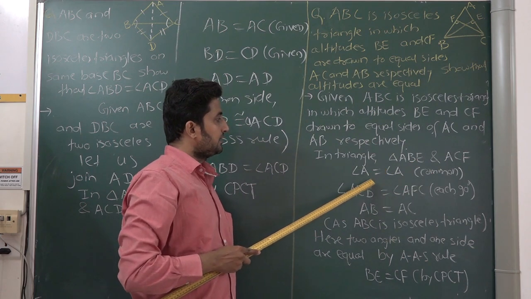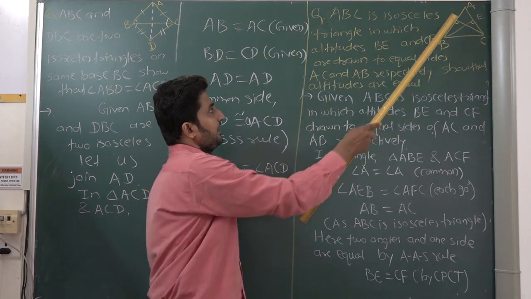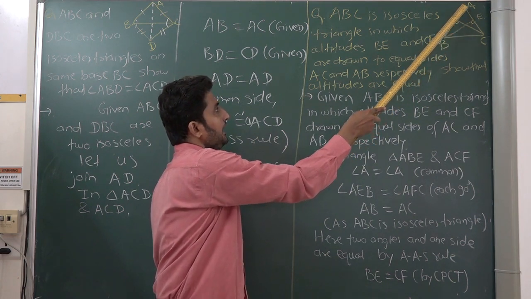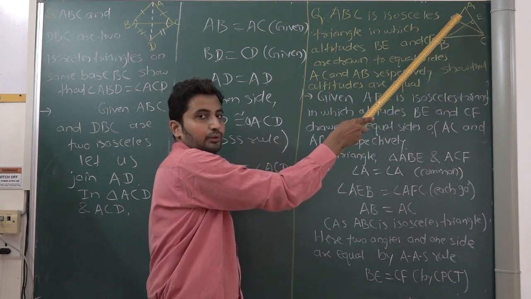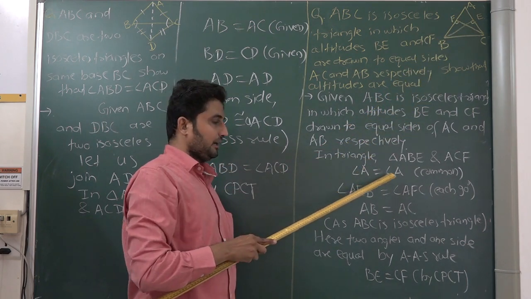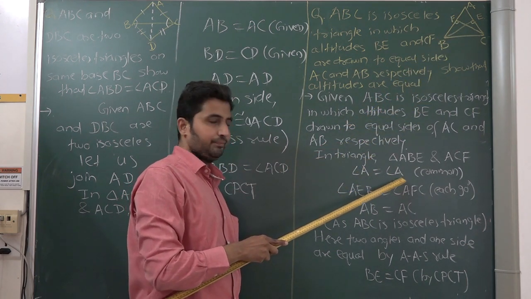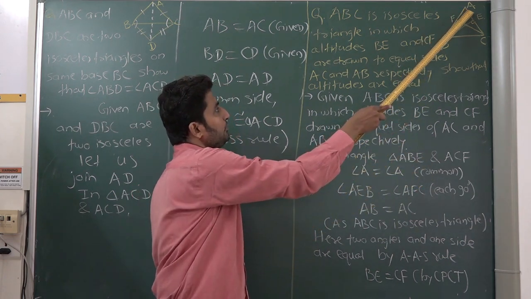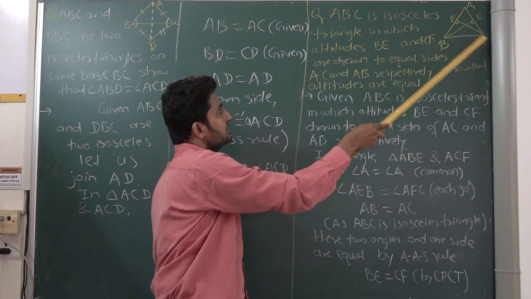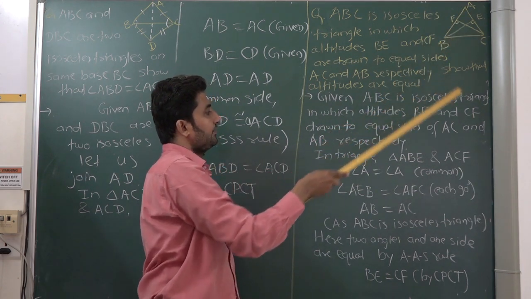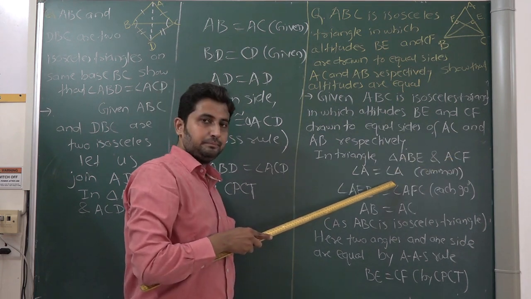Now in these two triangles ABE and ACF, angle A is equal to angle A, which is common. As it is clearly seen, this angle is common for both this triangle and this triangle, means ABE and ACF. So angle A is common.